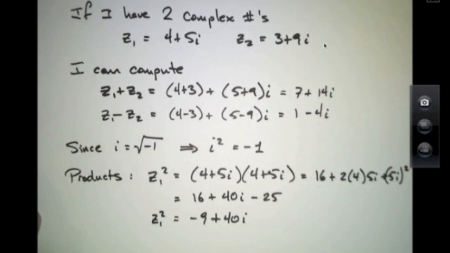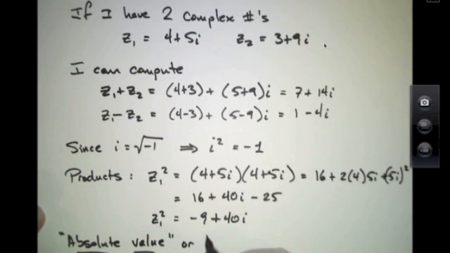There is, however, something which is positive for complex numbers. And that's called the absolute value.